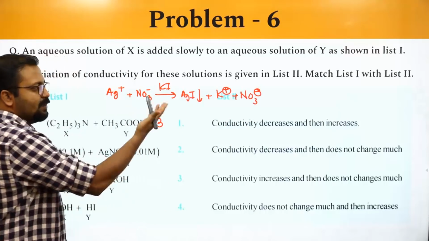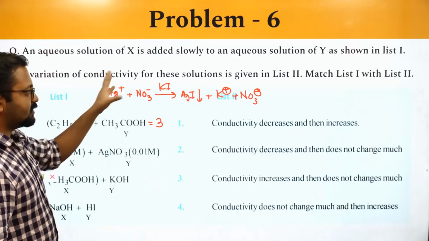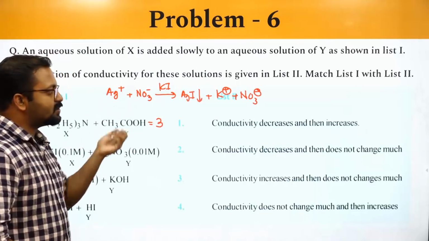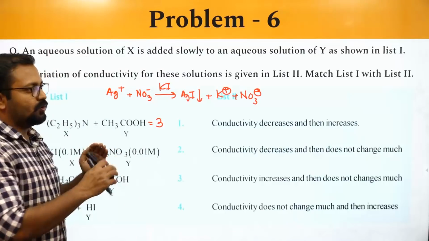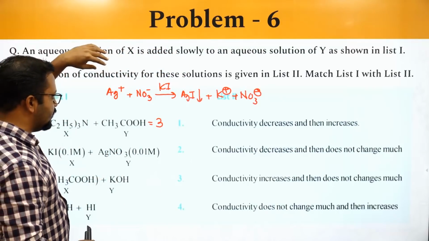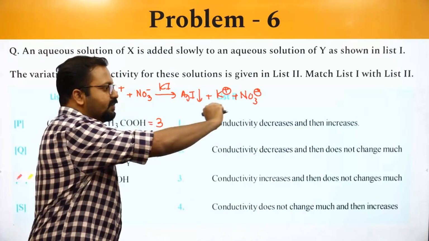So you get almost the same number of ions present in the medium. It is just compensating it. NO3 minus is still present in the medium. Whatever Ag plus is lost, that amount of K plus is present in the medium. So as long as Ag is not completely precipitated, the conductivity will remain constant.